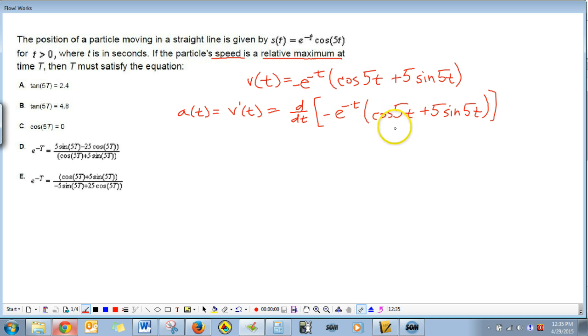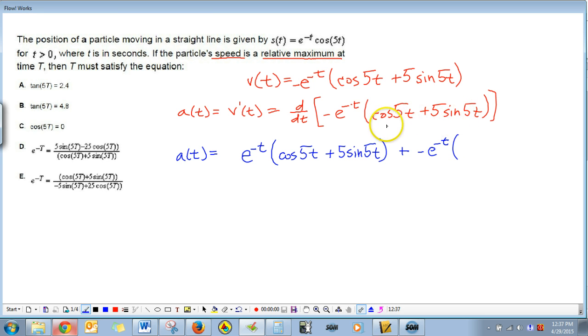Again, we've got a product of two functions, so we're going to have to use the product rule. f prime times g: the derivative of negative e to the negative t is negative e to the negative t, but the chain rule gives us another negative, so that derivative becomes positive e to the negative t times cosine of 5t plus 5 sine 5t, plus f times g prime, so negative e to the negative t times the derivative of this.